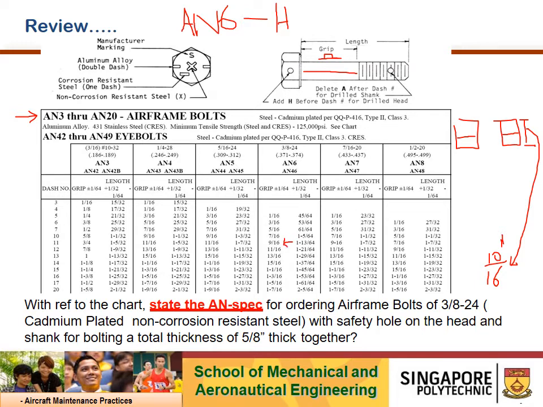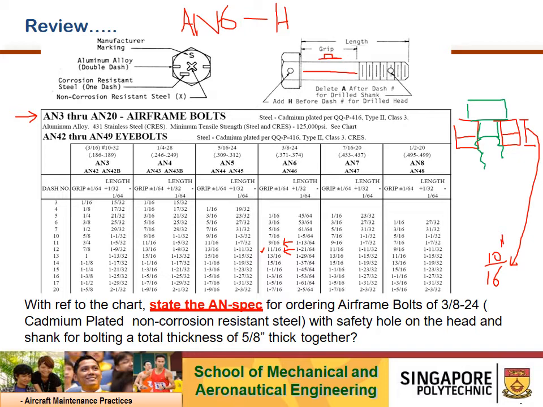Let me draw the side view of the two materials, where the material thickness is 10/16 inch. So I have two to select from: one is 9/16, the other is 11/16.